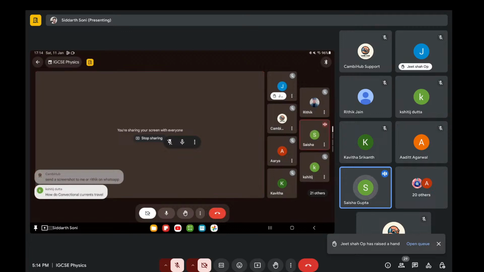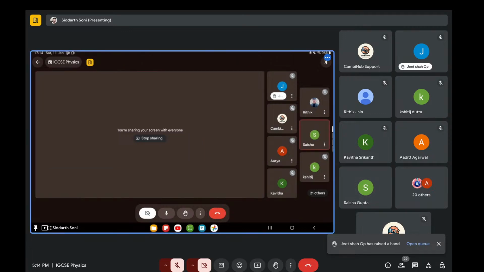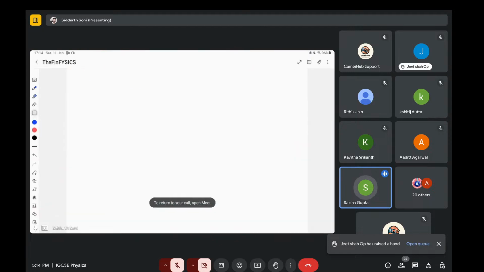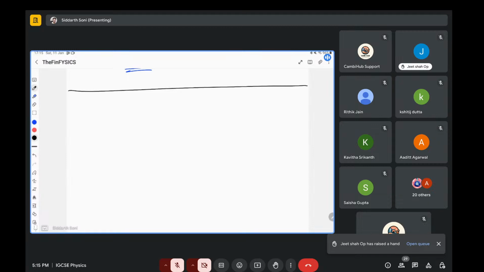Excuse me, sir, I had a doubt. Can you please explain how to draw the resultant force diagrams to determine the magnitude and direction of the resultant force? If you read the syllabus now, this resultant force has been reduced to an angle which is 90 degrees, which means the two forces will be perpendicular.